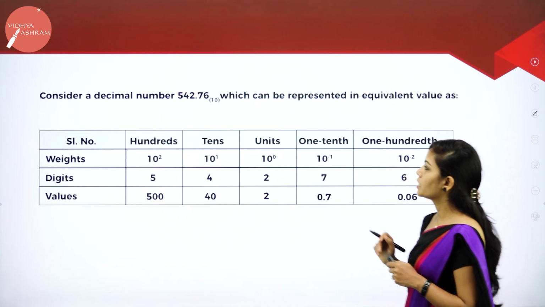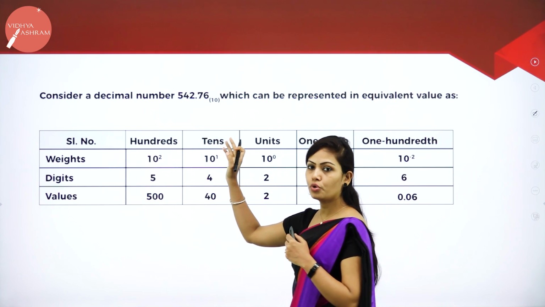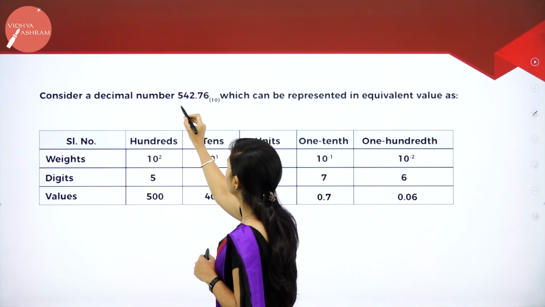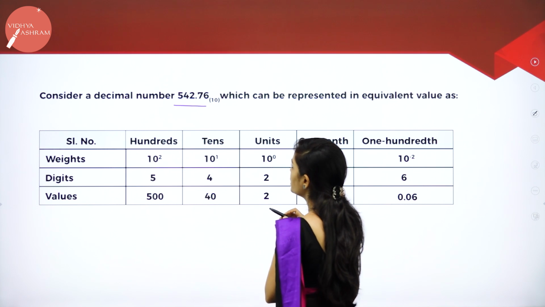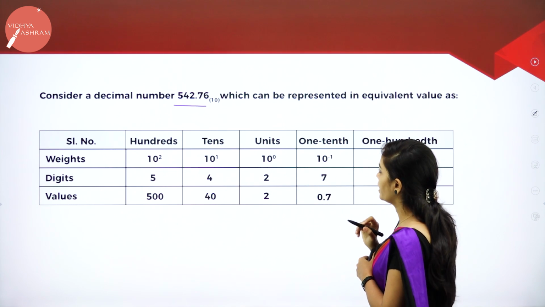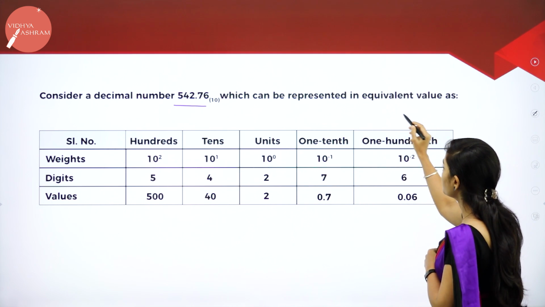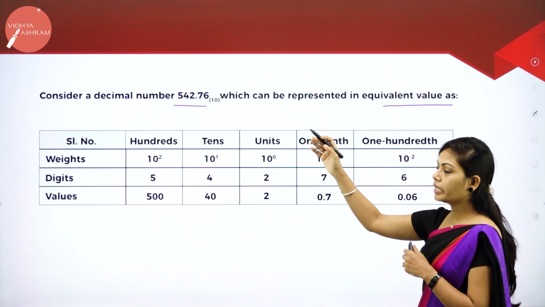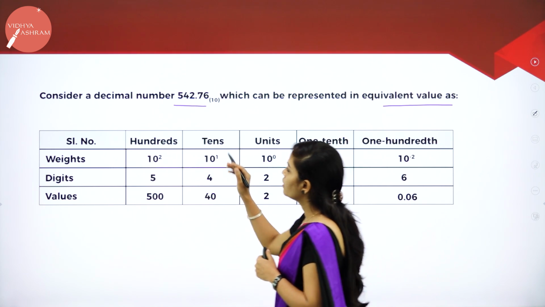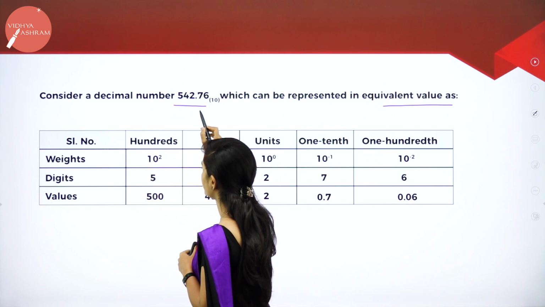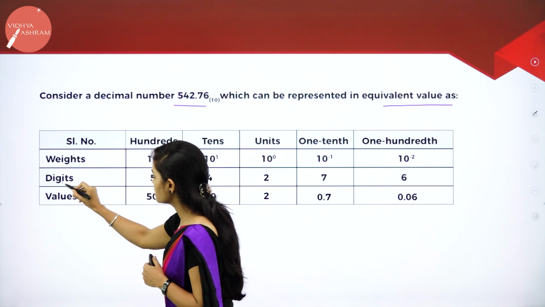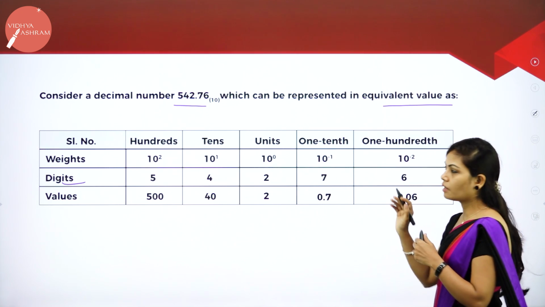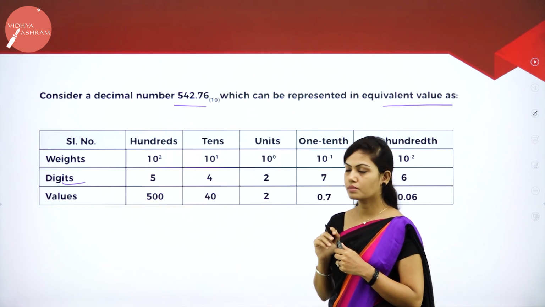Next, consider a decimal number and how to represent the decimal value. Consider the decimal number 542.76 to the base 10, which can be represented in equivalent value. First you need to write all the digits separately: 54276. This is our given decimal digits.